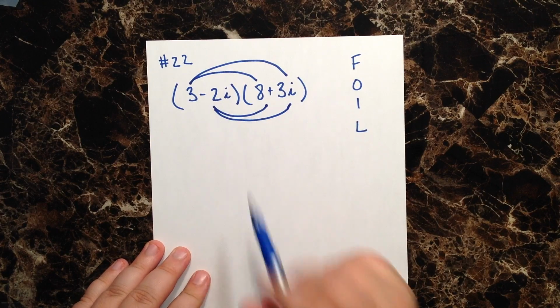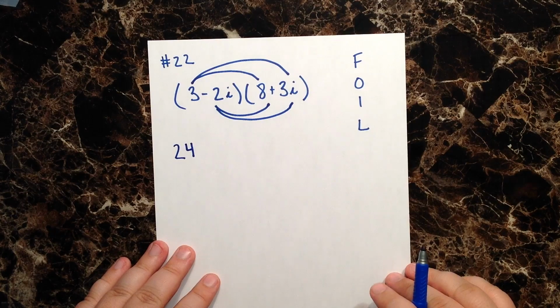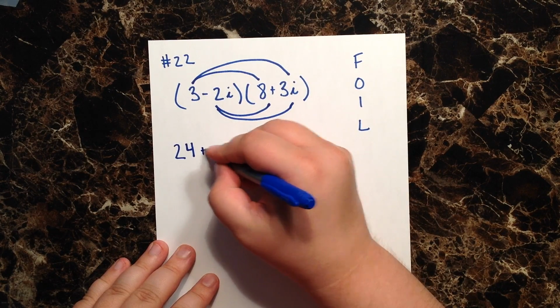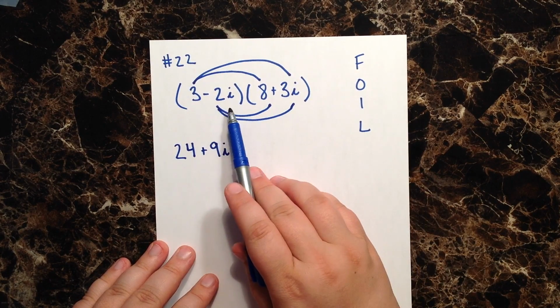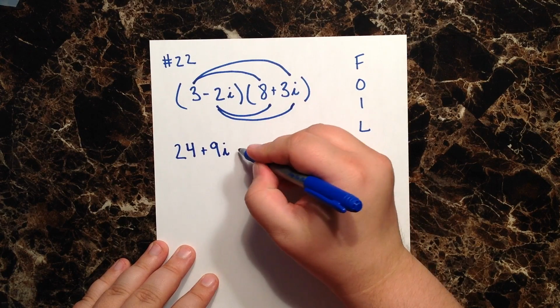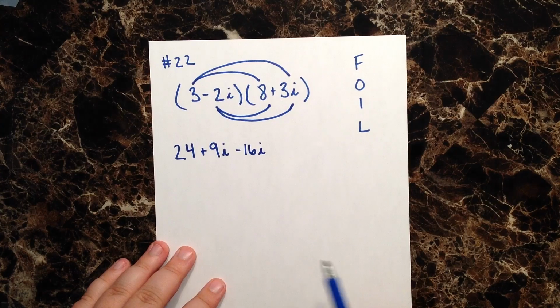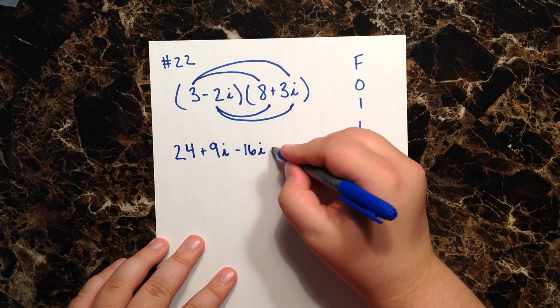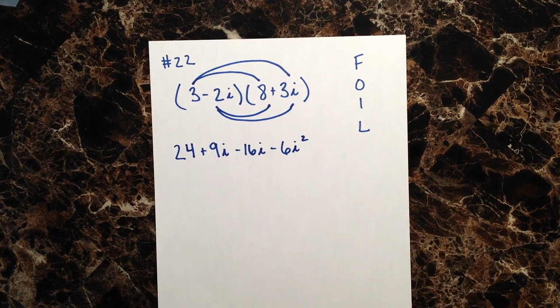So what is 3 times 8? Well, that gives me 24. 3 times positive 3i, well, that's 9i. Negative 2i times 8, that's negative 16i. And then negative 2i times positive 3i gives me negative 6i squared.